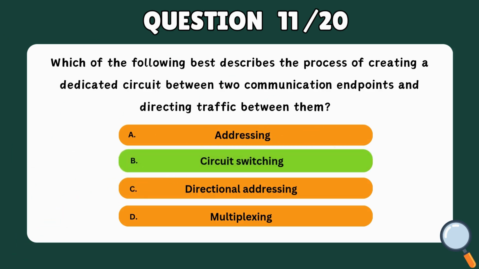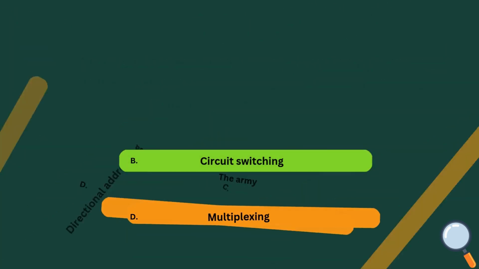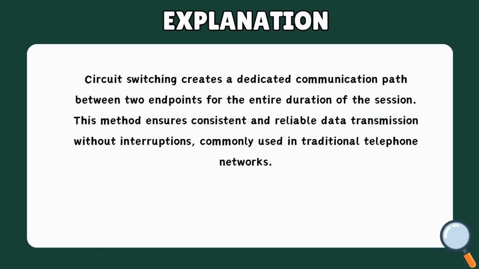Correct answer: B. Circuit switching. Circuit switching creates a dedicated communication path between two endpoints for the entire duration of the session. This method ensures consistent and reliable data transmission without interruptions, commonly used in traditional telephone networks.